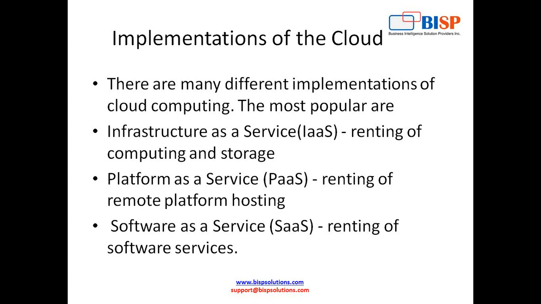You can just rent it. So that's renting a remote platform hosting service. Ruby on Rails applications are hosted through this method, and Amazon Web Services provides platform as a service also. These are the important examples.